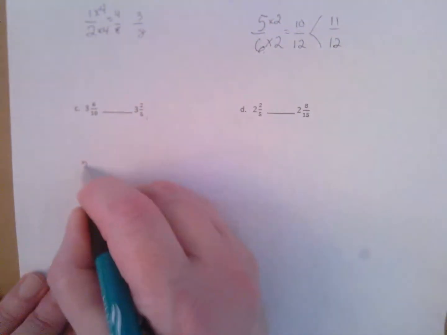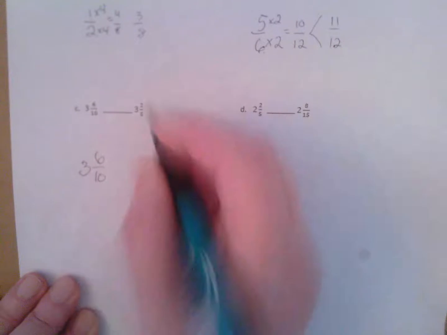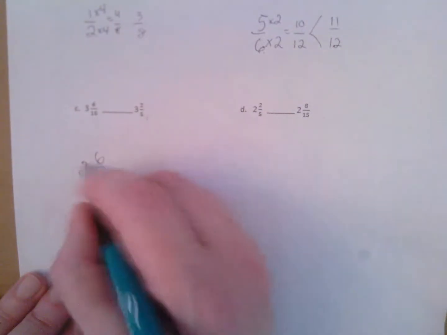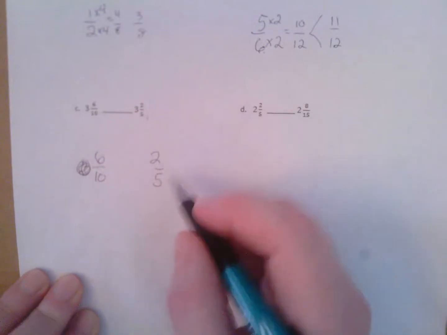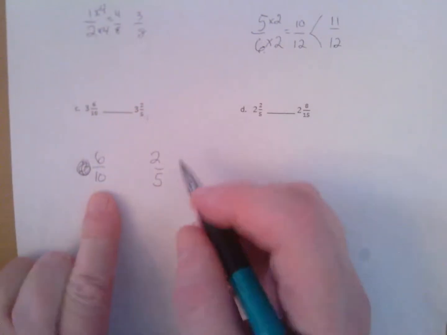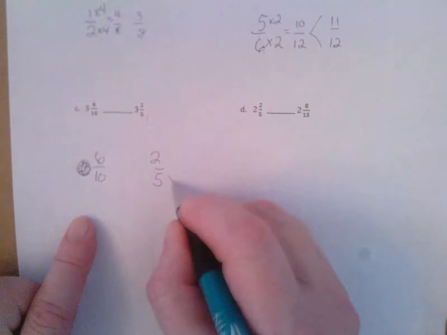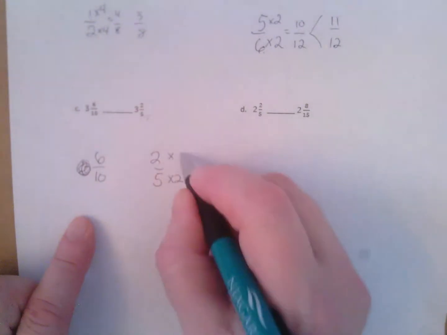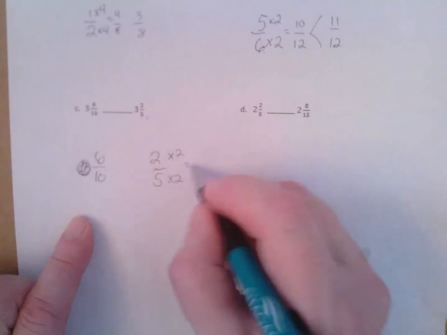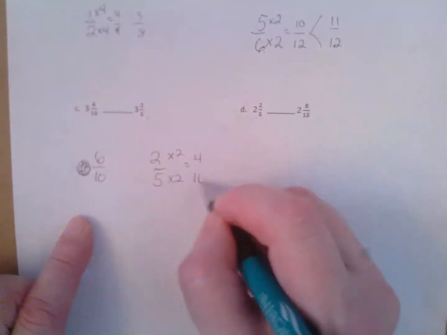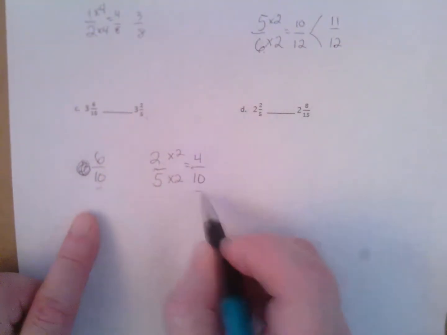So let's do it down here. Let's just stick with the fractions and 2/5. So how can I change 5 into 10? 5, 10. It goes in twice. Whatever you do to the bottom, you do to the top. 2 times 2 is 4. 5 times 2 is 10. I have a common denominator of 10.